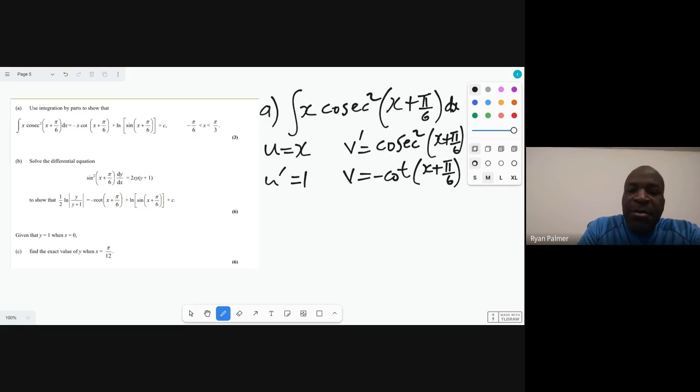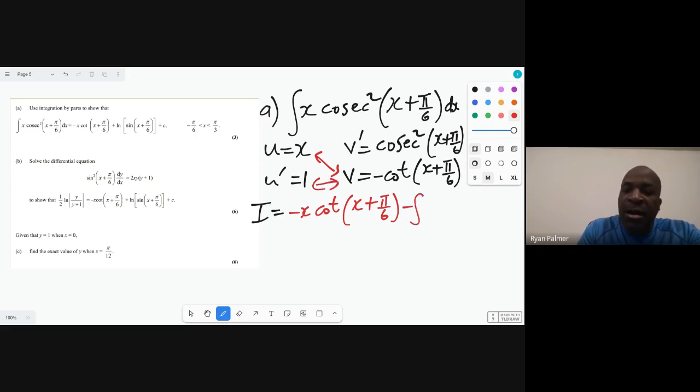So applying the formula, the integral is equal to uv. So that's going to be minus x cot (x plus pi by 6), then minus the integral of u dash v. So that's minus cot (x plus pi by 6) dx.